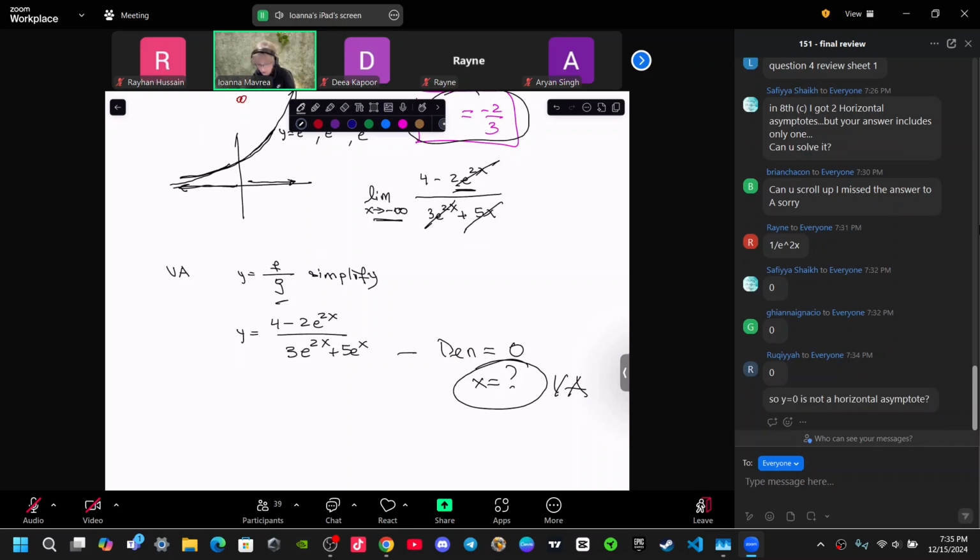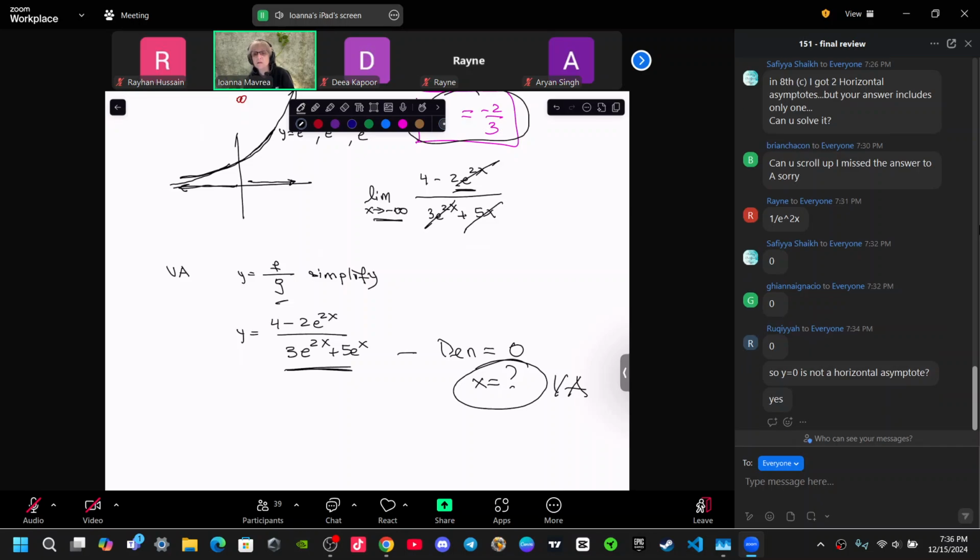Okay, so there's nothing to simplify in the numerator and denominator. Why would that be a horizontal asymptote in this case?